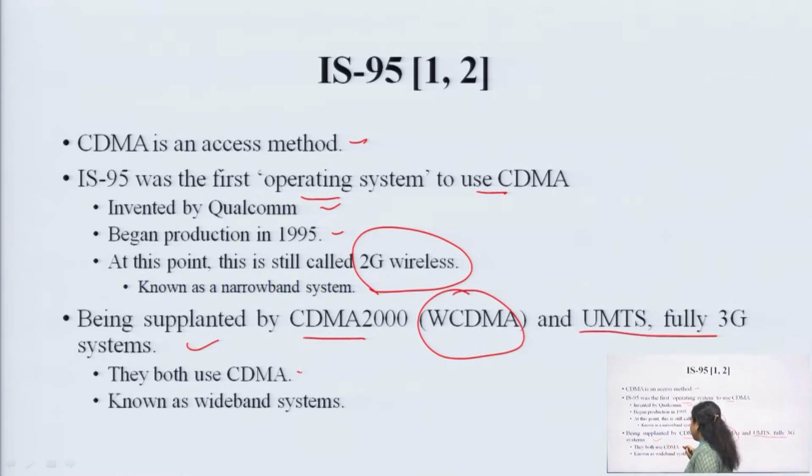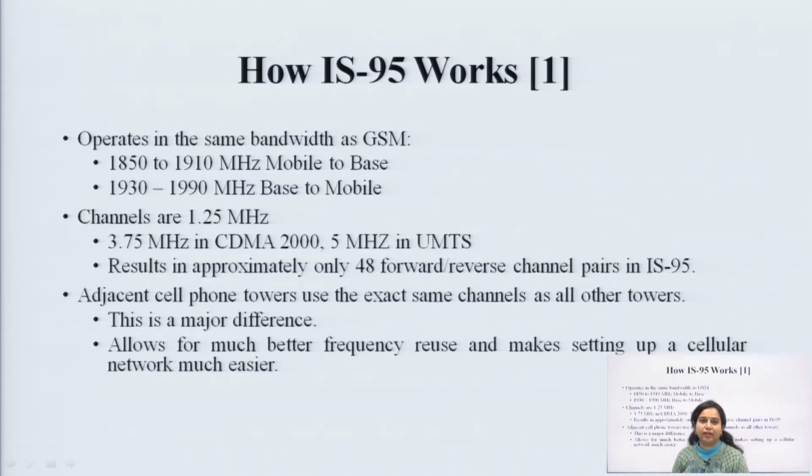They both use CDMA and are known as wideband systems. So, you can clearly differentiate between narrowband and wideband systems. IS-95 is narrowband, and CDMA 2000, also known as WCDMA, and UMTS, which is a fully connected 3G system, are wideband. So, these are the 2 types of systems.